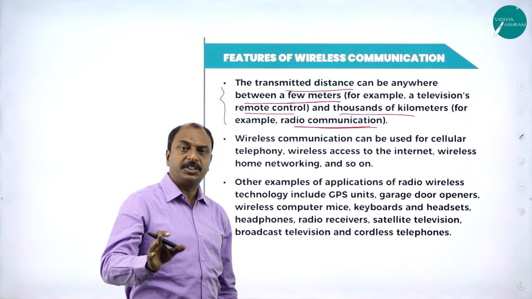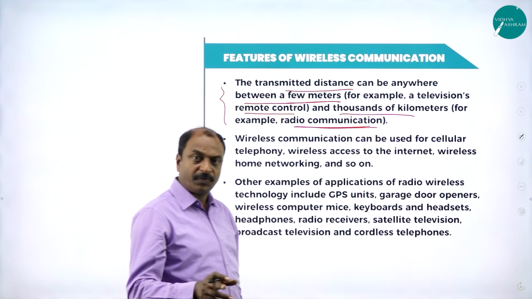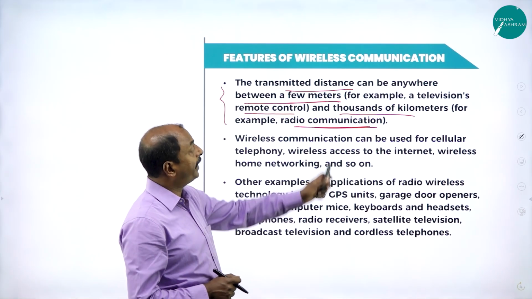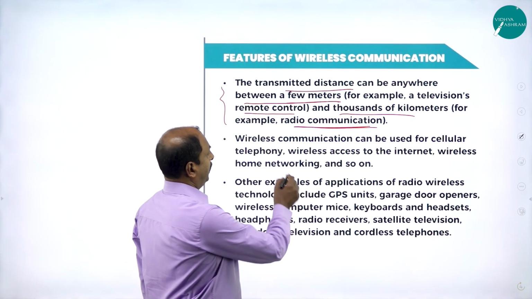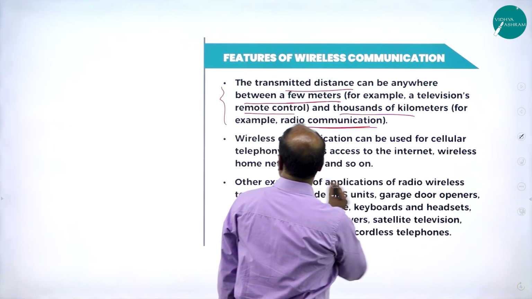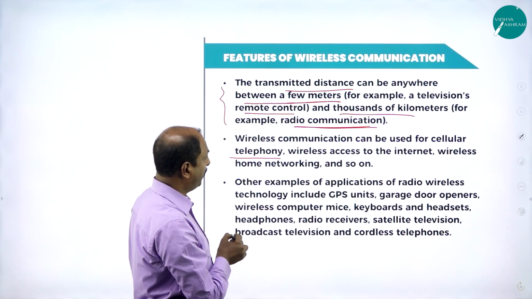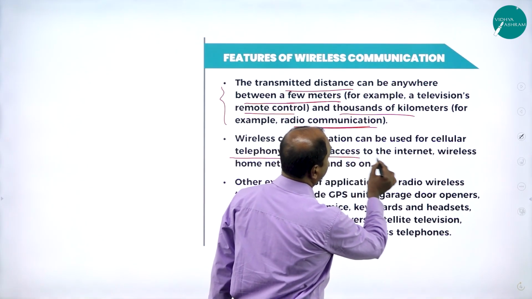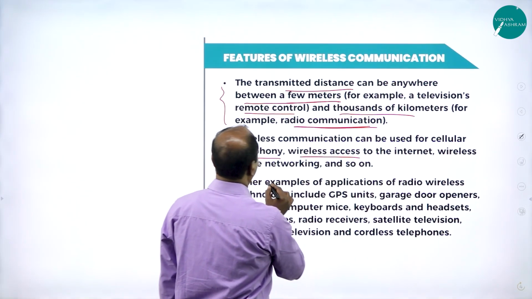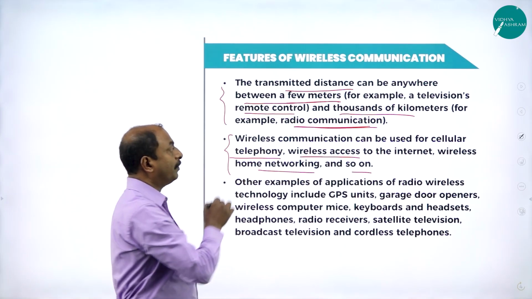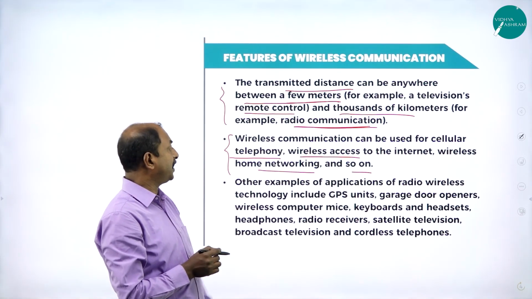You can compare the distance from your devices to the communication channel or the base station. Now wireless communication can be used for cellular telephony, by using mobiles, wireless access to the internet, wireless home networking, and so on. These are all the different applications of wireless communication.